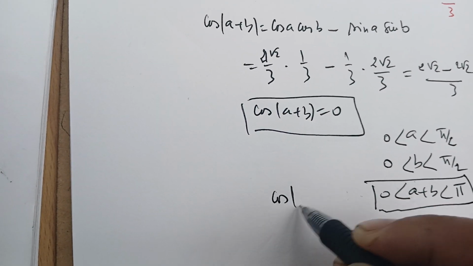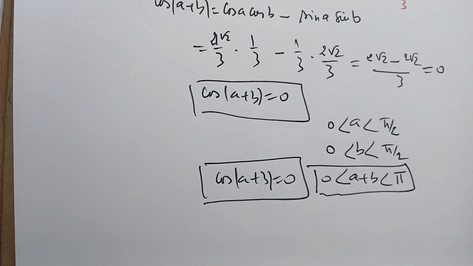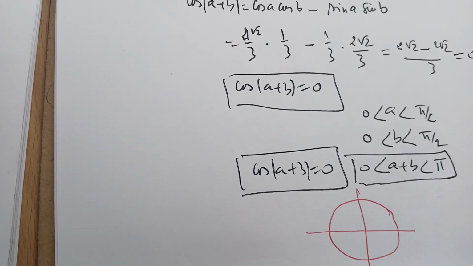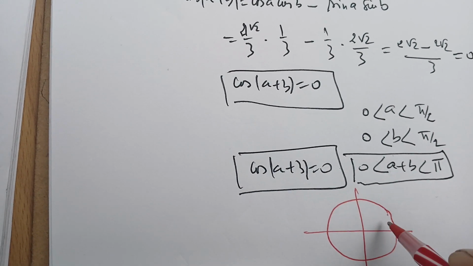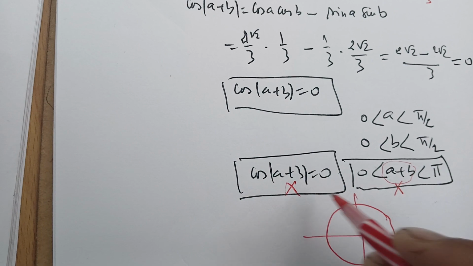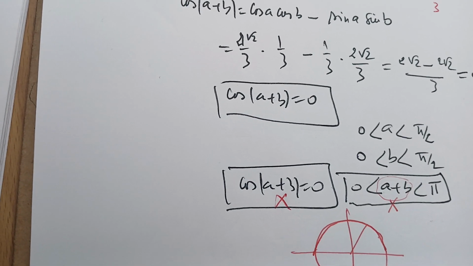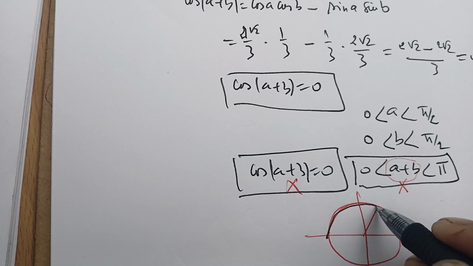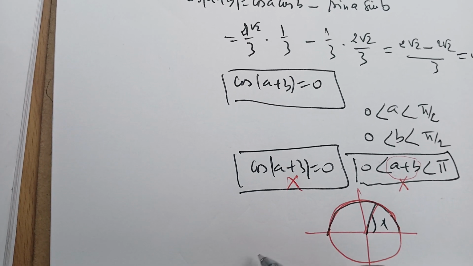Let me write this here, and let's do the unit circle one more time. When can the cosine equal 0? Let's call the angle A plus B, x. If I'm in here, between 0 and pi, when can the cosine of x equal 0?